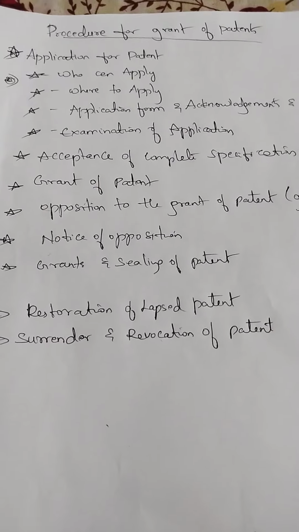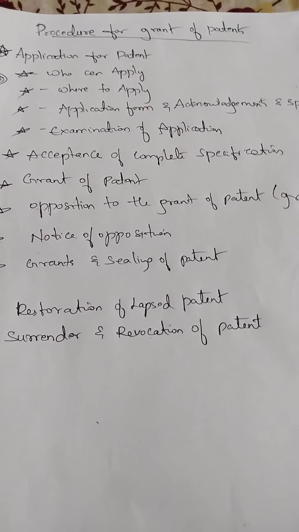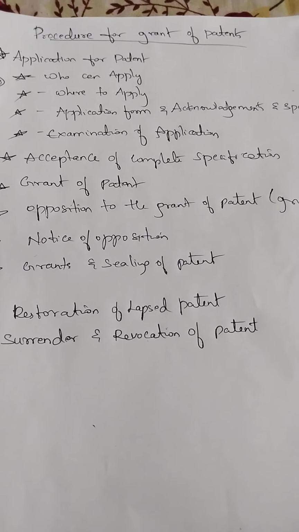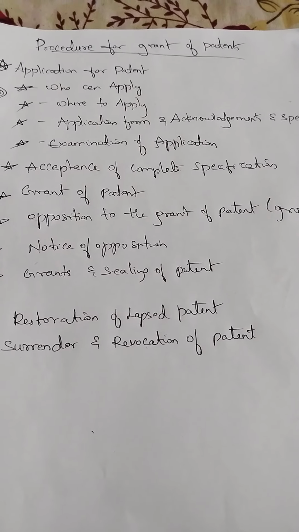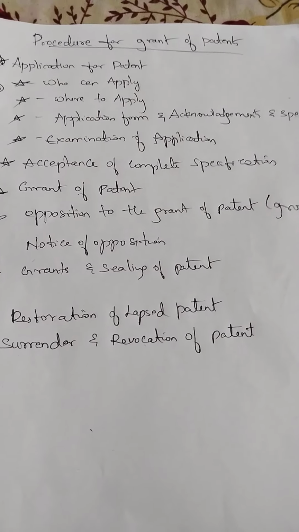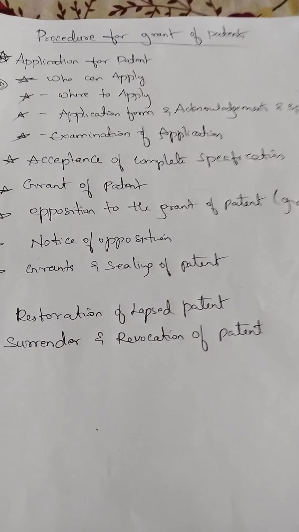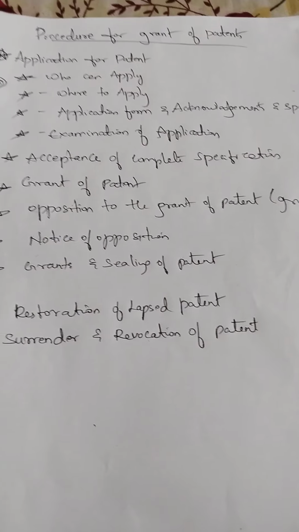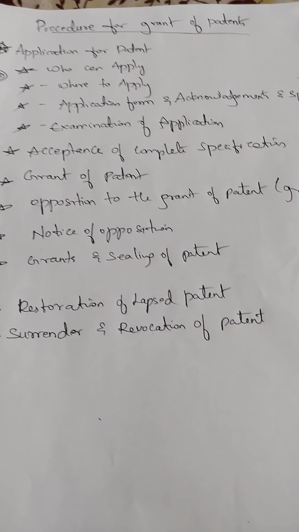Now after it is published in the official gazette and kept for the public to inspect, within 4 months from the date of advertisement of the complete specification, they should try to bring the opposition. For 4 months, if there is no opposition, then the date is barred. Nobody can oppose that particular invention.